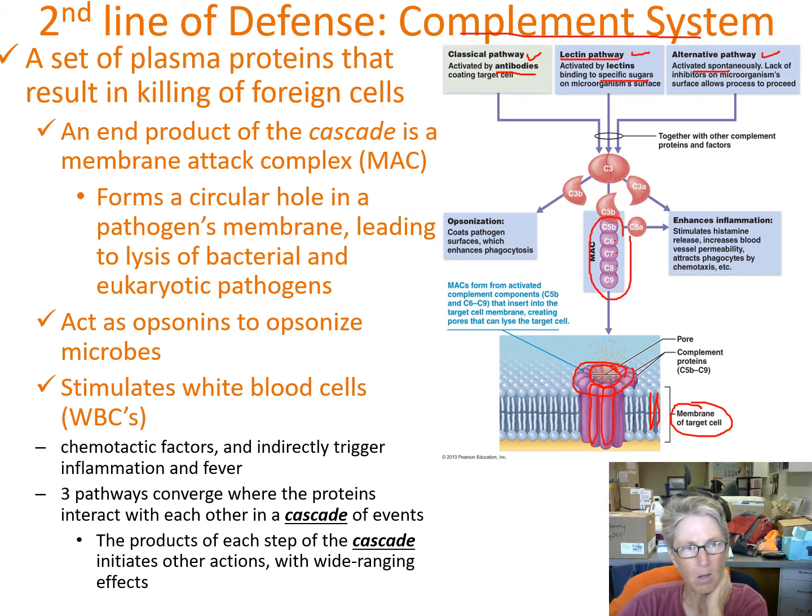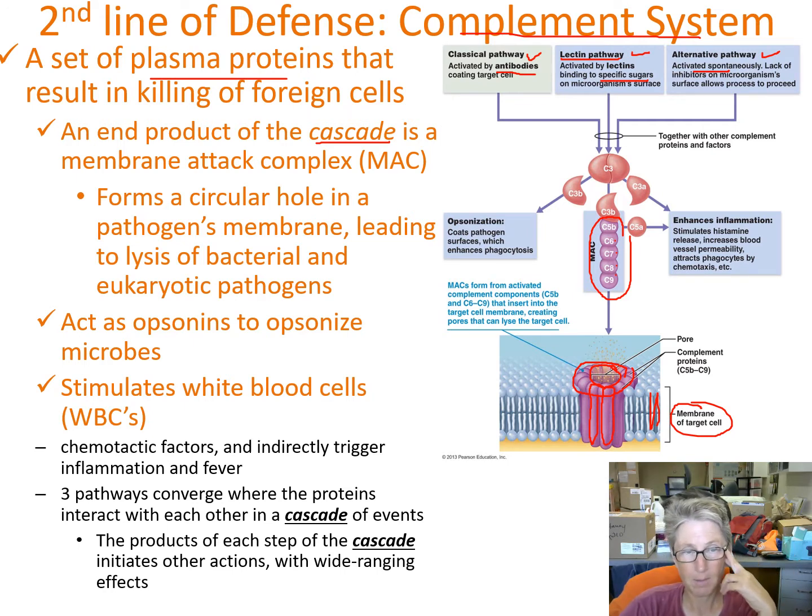So let's take a look at our check marks over here. The complement system is a set of plasma proteins that result in killing of foreign cells. Complement proteins get together and kill foreign cells like a bacterial cell. They call this activation of the complement proteins a cascade, because one enzyme will activate the next complement protein down the line, and then that protein will be an enzyme to activate the next.